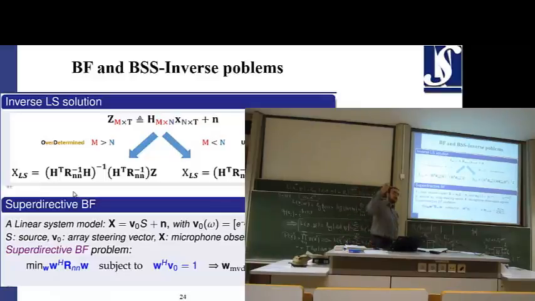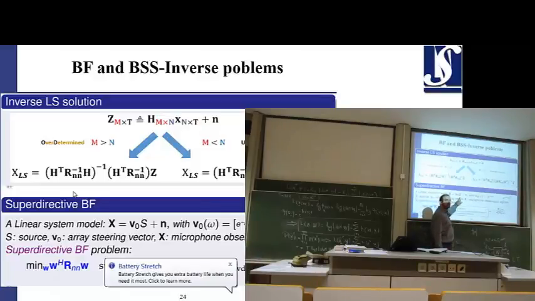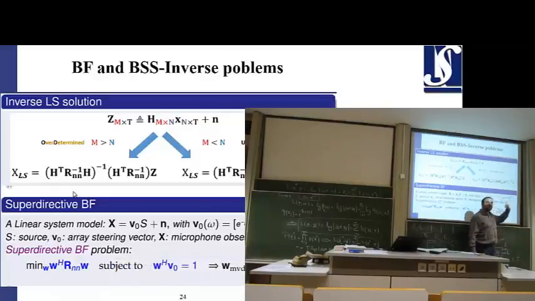But if you remember what we explained in the beamformer, we said that the signal in the microphones is the array manifold vector times the signal of interest plus the noise. And the array manifold vector was based on tau 1 to tau m for every single frequency.